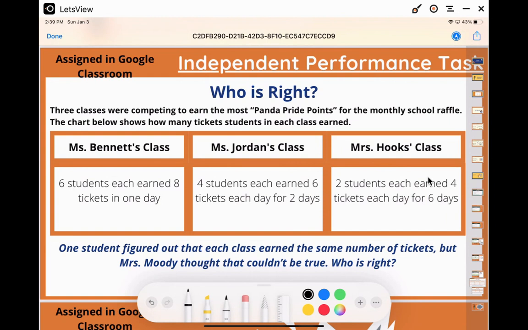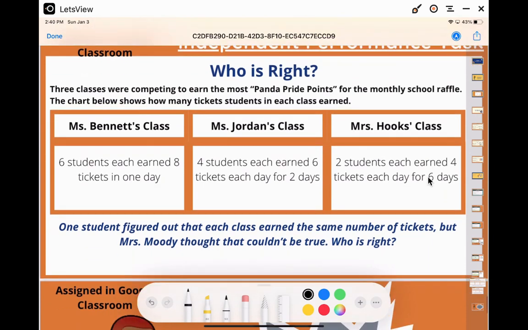And we have Miss Hook's class, where 2 students earned 4 tickets each day for 6 days. And then the question says, one student figured out that each class earned the same number of tickets, but Miss Moody thought that couldn't be true. Who is right? Is it the student or is it Miss Moody?